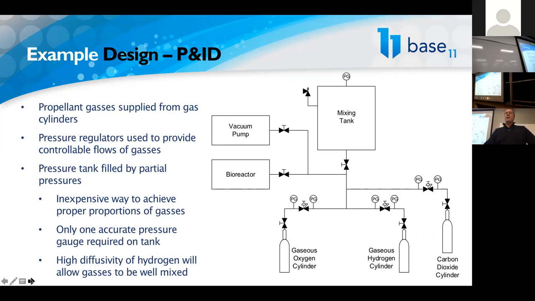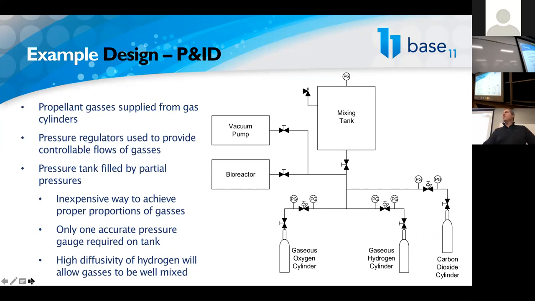If we use a vacuum pump to pull a vacuum on the mixing tank before we fill it, we can start with an empty tank, and by setting the pressure regulators on the carbon dioxide, hydrogen, and oxygen cylinders, we can sequentially open valves to fill the tank to a certain pressure.